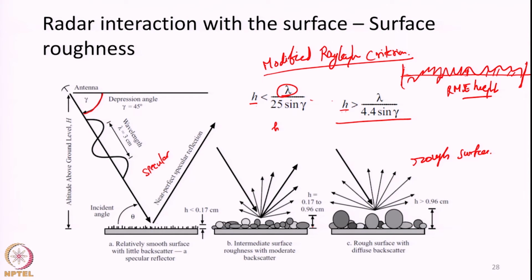For a smooth surface, the reflection will be specular and it will be moving away from the radar antenna. Let us take water, still calm water is a very good example for a specular reflector. Say this is the standing water column. Microwave signal is incident on this very smooth water column, and the radar energy will be reflected specularly.